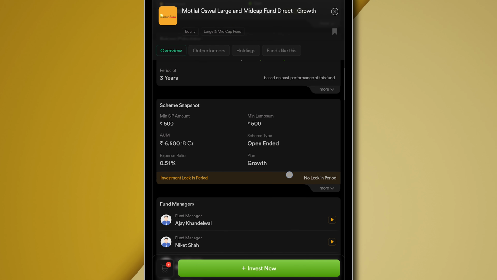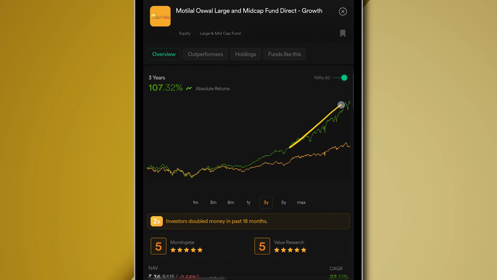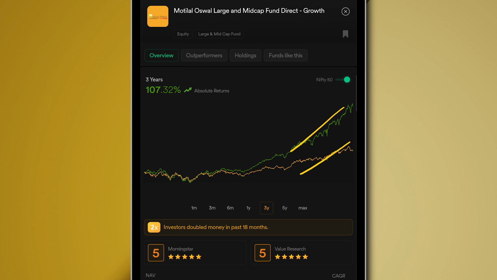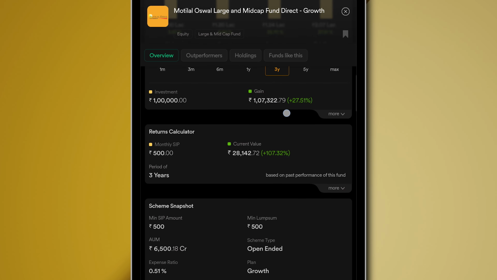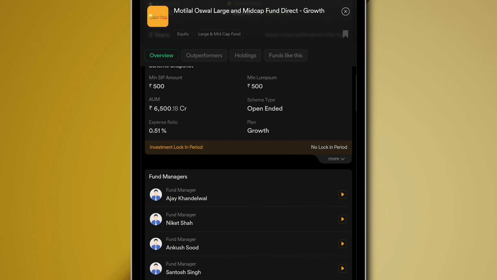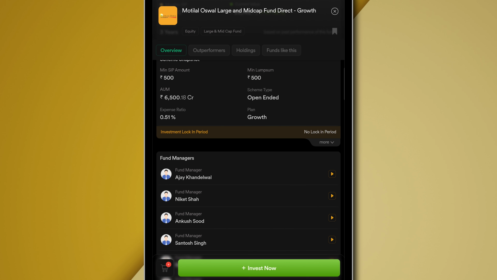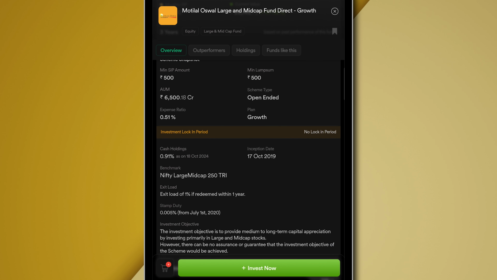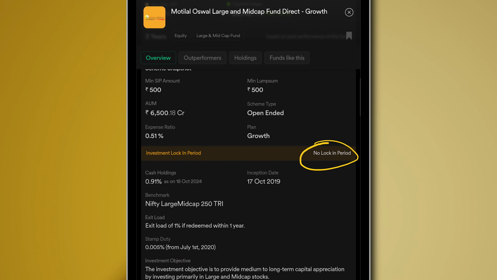The returns graph for the fund can differ because of the expense, because no matter where the market goes, the fund will take its expense ratio of 0.51%, and if the same fund was in regular mode, you would be paying more expense ratio. So I like the fact that I'm buying direct funds over here. I really recommend everyone, if you know what fund you want to buy, you should just go and buy a direct fund. There is no lock-in period over here, which is good to know.